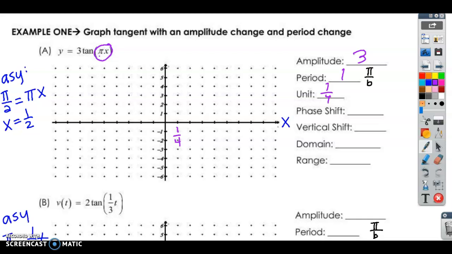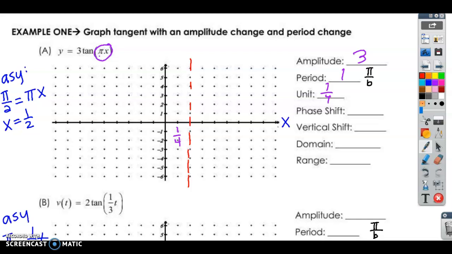Okay, that is one example of a tangent asymptote. So I'm going to go ahead and draw that in a different color. So I'm counting by 1/4. So here's 1/2, right? And now every 4 blocks, because we have planned it that way, our period is over. So our period is 4 blocks.